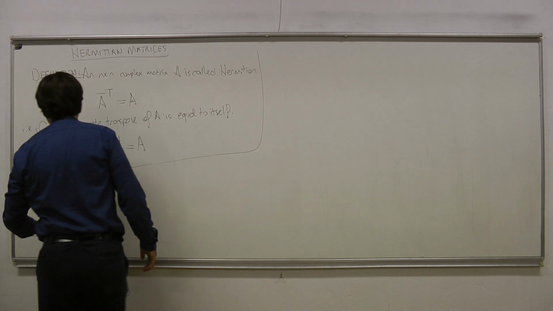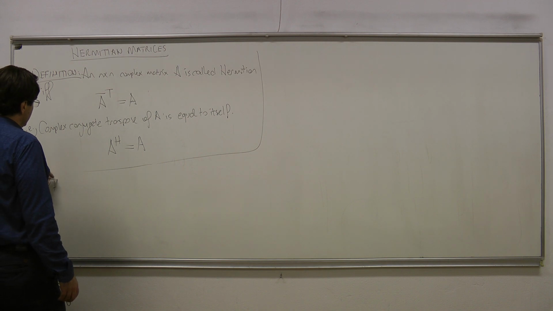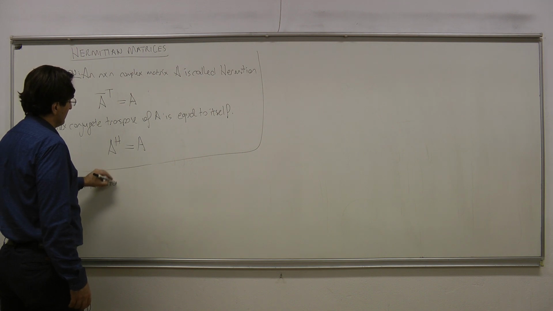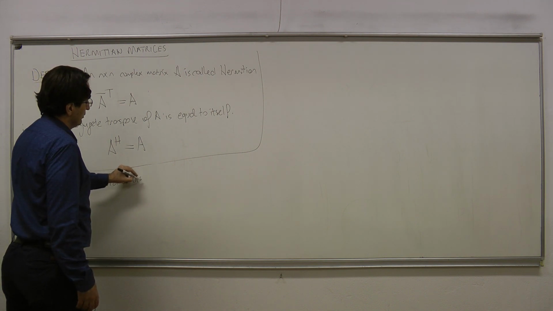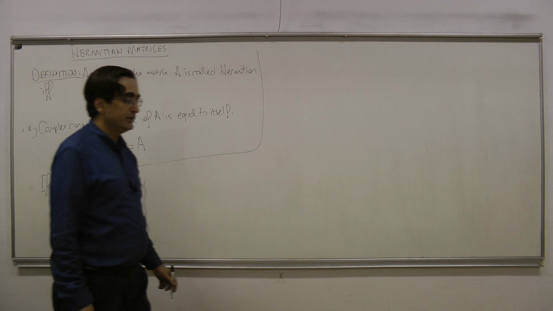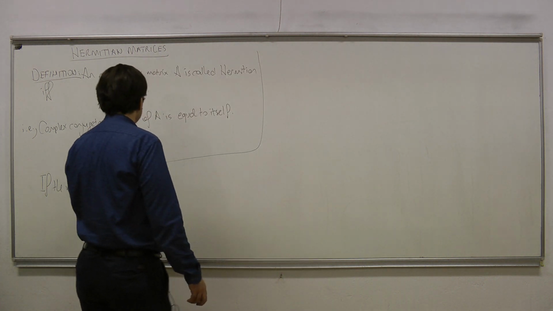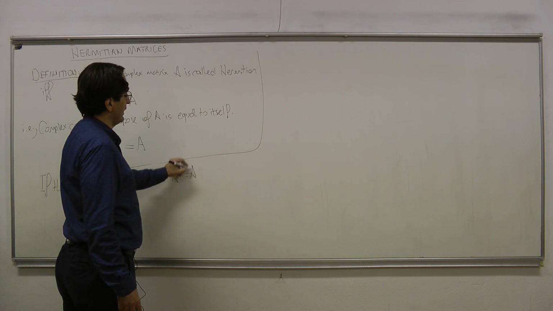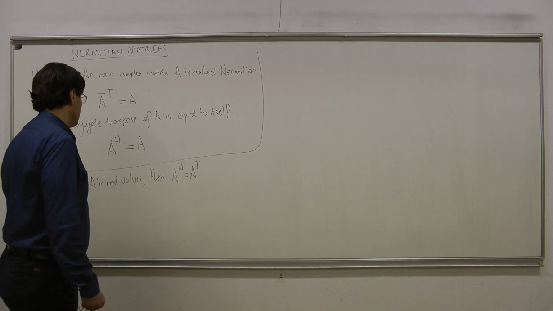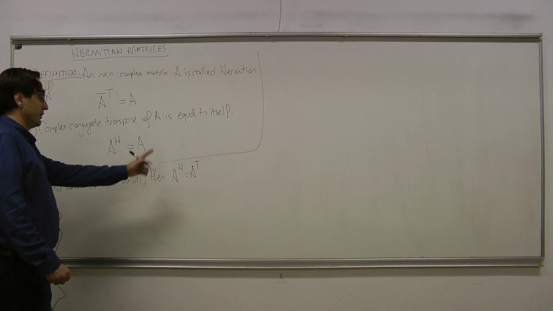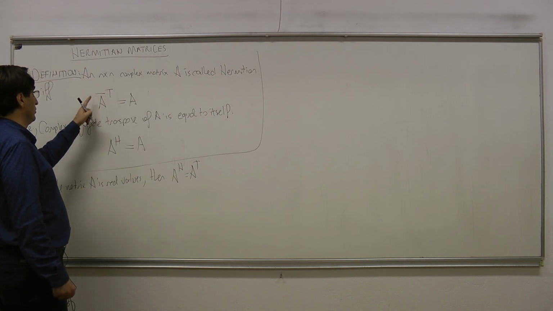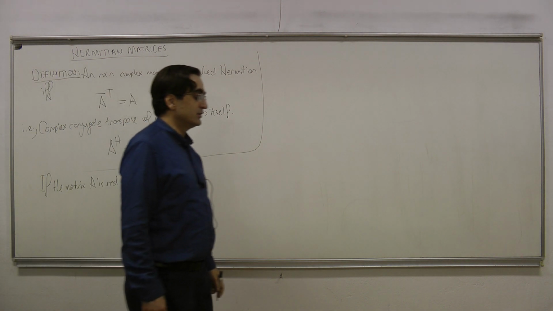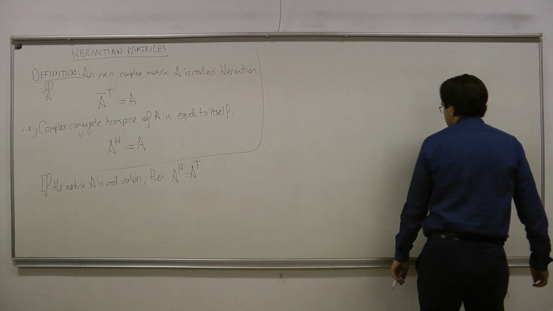So if the matrix A is real valued, which means that all of its elements are real quantities, in that case we have A Hermitian equal to A transpose. Okay? So if the matrix A is real, then A Hermitian, the complex conjugate transpose, is going to be only transpose, because the complex conjugate of a real quantity would be equal to itself. Okay?